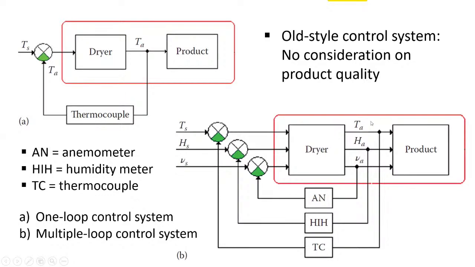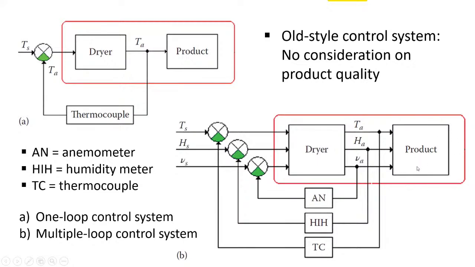We can control the temperature, whether the temperature of the drying process is close enough to the reference temperature. And how about the humidity and also the velocity of the air that we use. So we monitor with an anemometer or humidity meter or using a thermocouple.